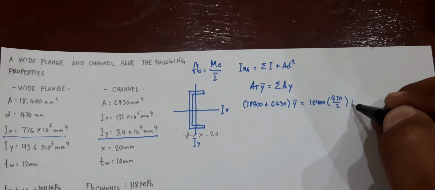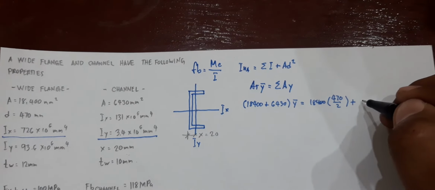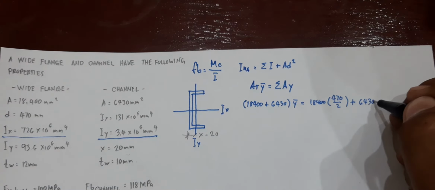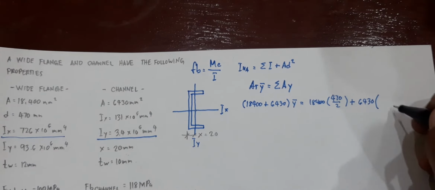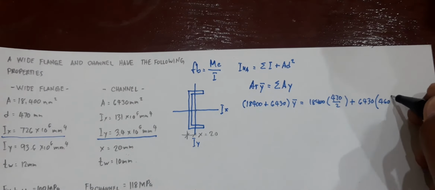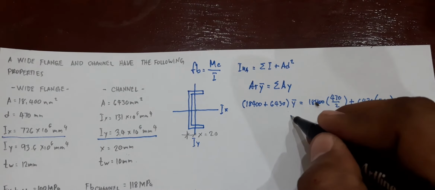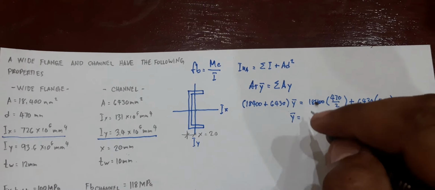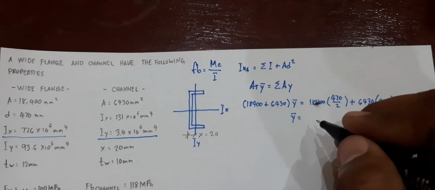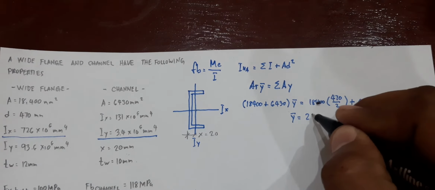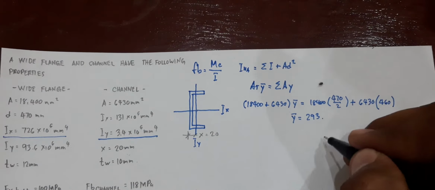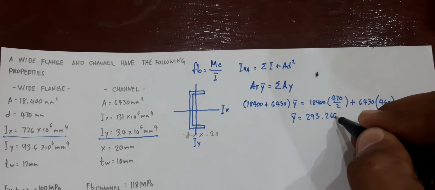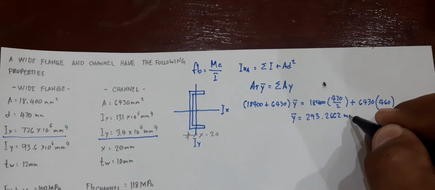And then plus 6,430 times Y for the channel section, which is 460. With that, you can calculate barred Y, which is the location of your neutral axis. That is 293.2662 mm.